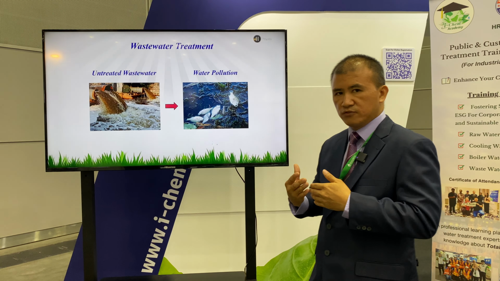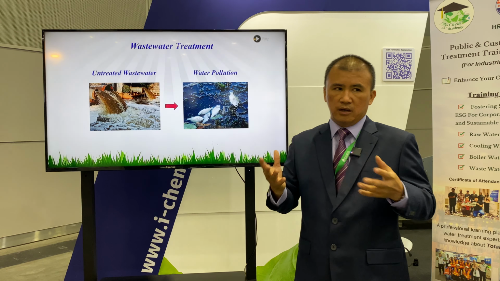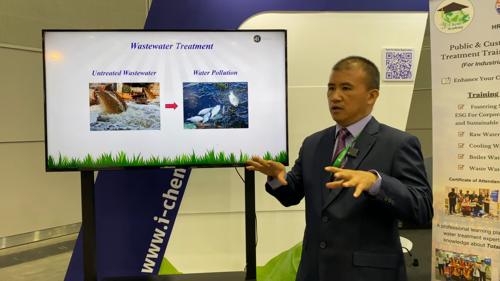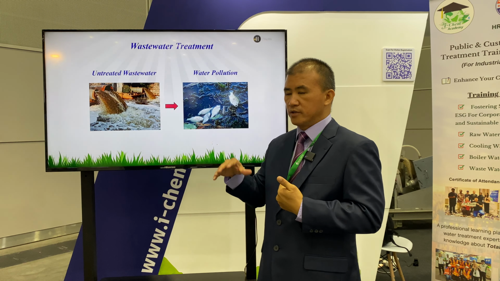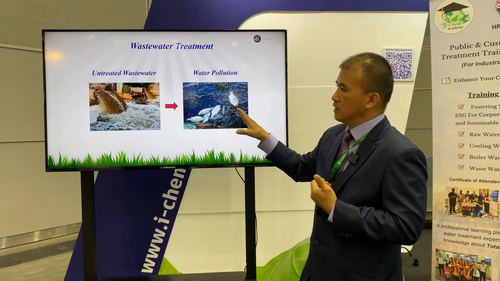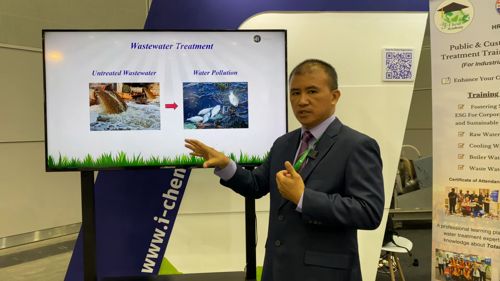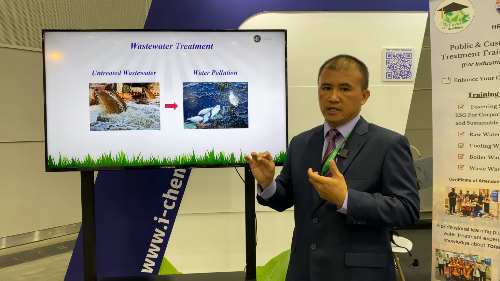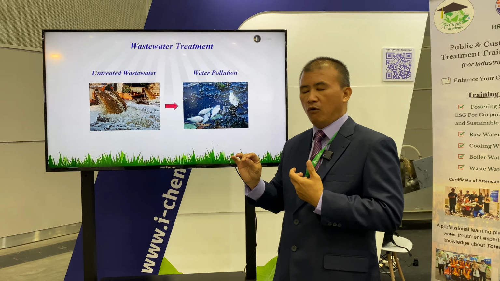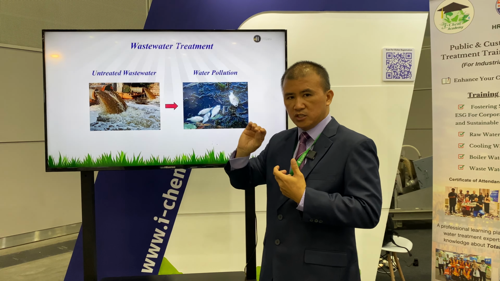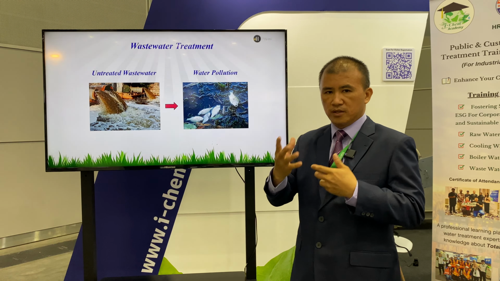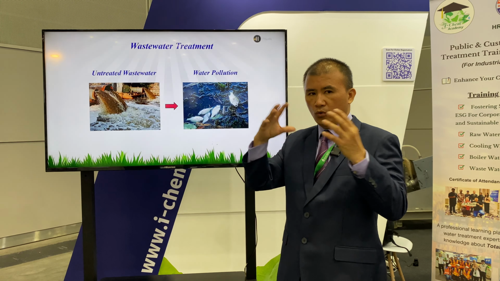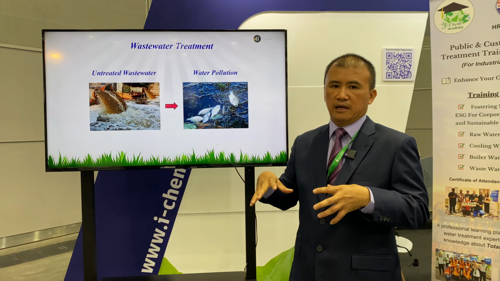Another very important water treatment is wastewater treatment. In our Malaysian context, there are two main wastewater categories: one is sewage treatment and the other is industrial effluent. If wastewater is not treated properly according to the regulations stated in the Environmental Quality Act 1974, the water discharged to the river will eventually cause a lot of pollution and affect aquatic life and our daily life.